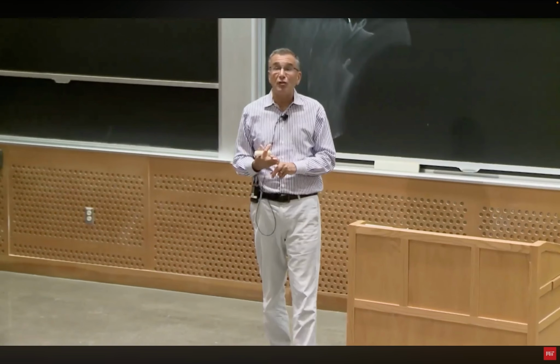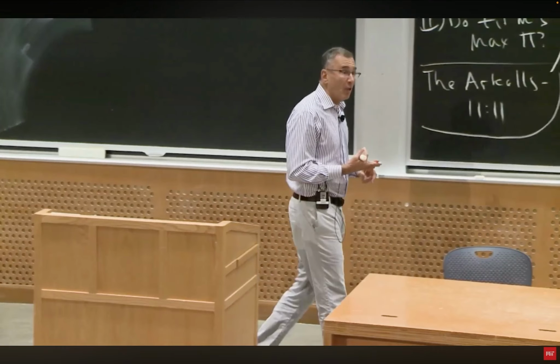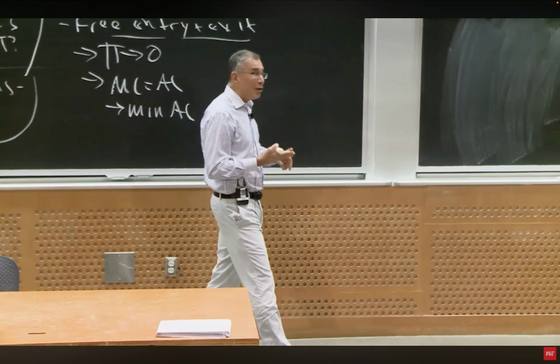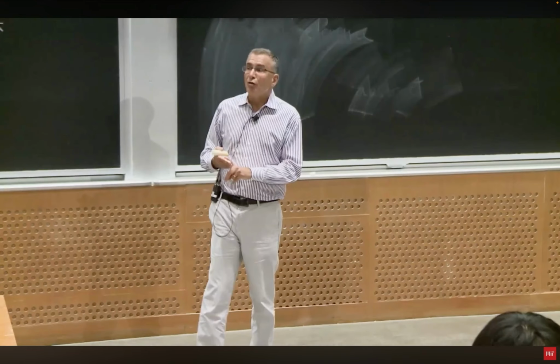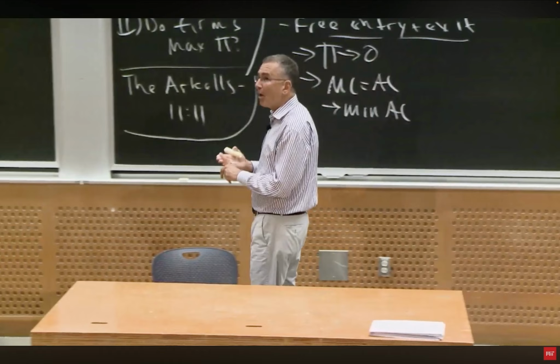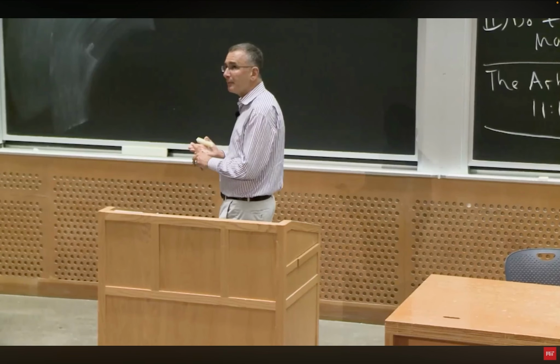Remember, we assume firms are identical, so every firm has the identical minimum average cost. Okay? So the long run supply curve, with perfect competition, with identical firms, with free entry and exit, will be at the firm's minimum average cost, and profits will be zero. Okay? Questions about that?